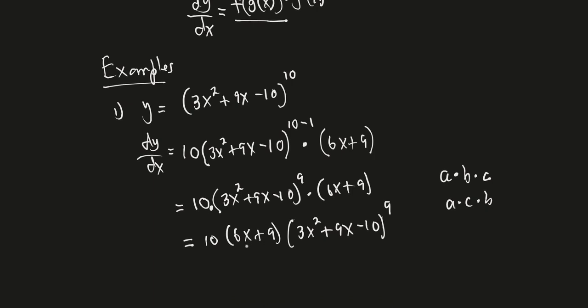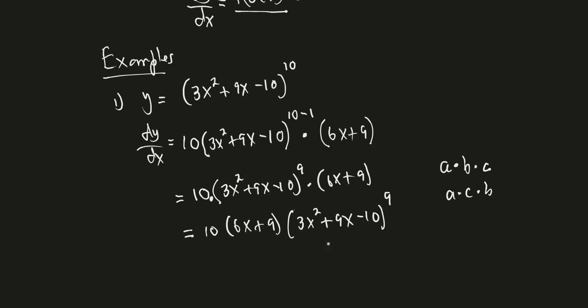So the way I can simplify this without going through the FOILing process is I can take the 10 and distribute it and get 60x plus 90 and then times the quantity 3x squared plus 9x minus 10 to the 9th power, right? And that's our derivative. And I consider this a simplified form. Everything is nicely factored, and yeah, so that's our derivative, right?